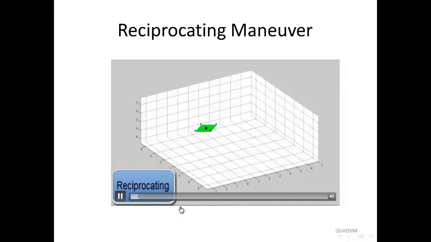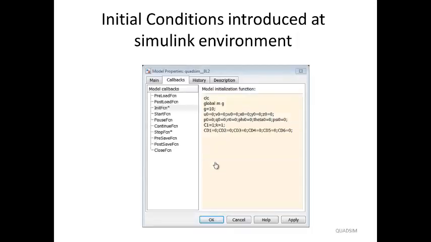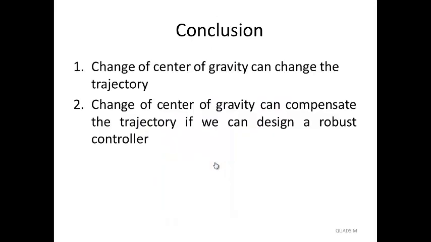The slider changes in this direction, and after that it changes its direction to another, vice versa, and so the quadrotor can change its trajectory and settle on origin point. It's a reciprocating maneuver. Okay, what about the initial conditions introduced as Simulink environment? We did it in callbacks in model properties in Simulink.